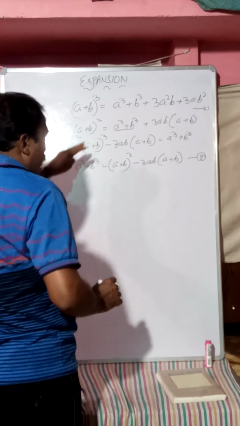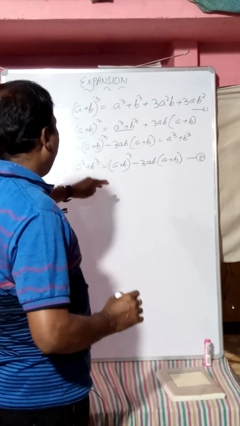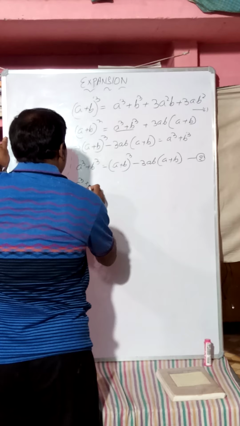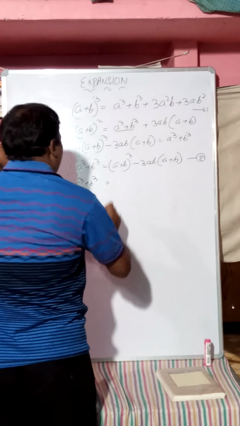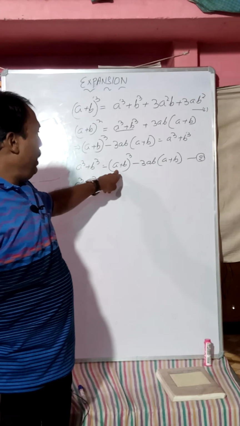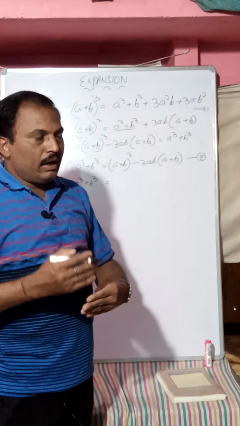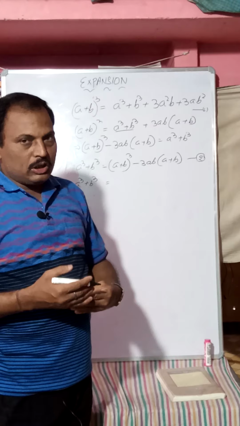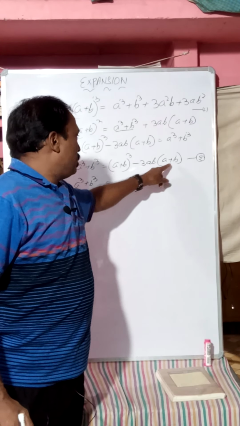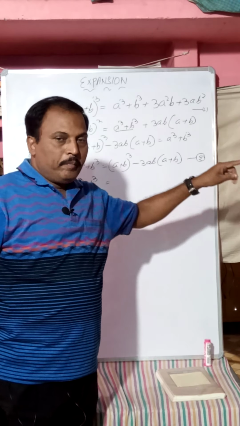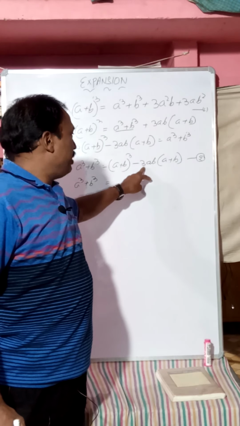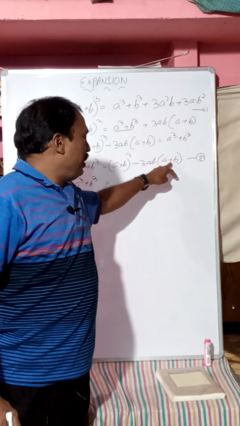Now we explain this formula further. Look at the right side. This expression has 2 terms. First term is (a plus b) whole cube, second term is 3ab into (a plus b).